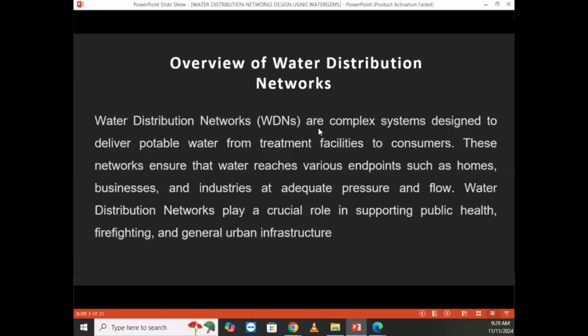So, the overview of the water distribution network. When people say water distribution network, what do you understand, without looking at the definition which is here? I know you all read it, but let's just discuss.